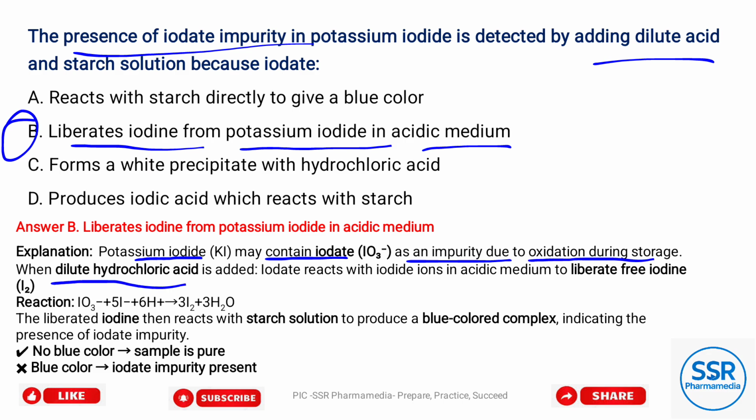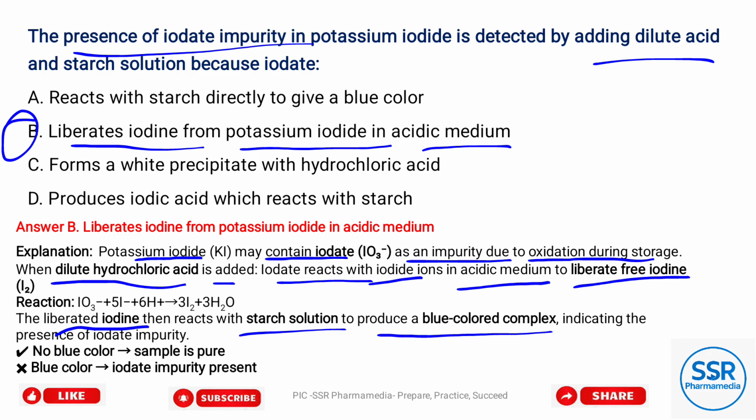When dilute hydrochloric acid is added, the iodate reacts with the iodide ion in acidic medium to liberate free iodine. This liberated free iodine reacts with the starch solution to produce a blue colored complex, indicating the presence of iodate impurities. If there is no blue color, the sample is pure. If blue color is present, the iodate impurity is present.